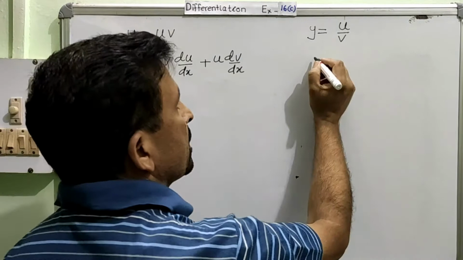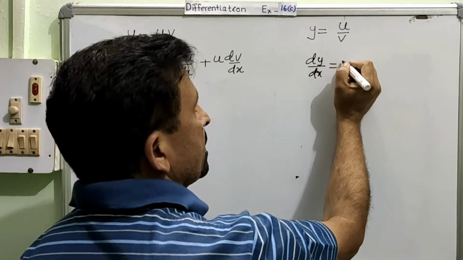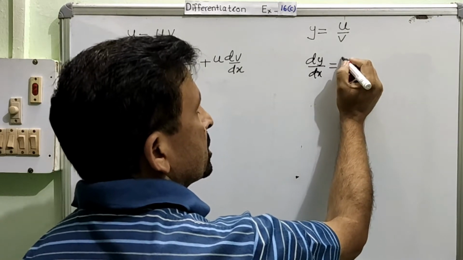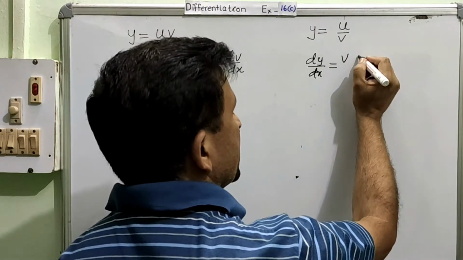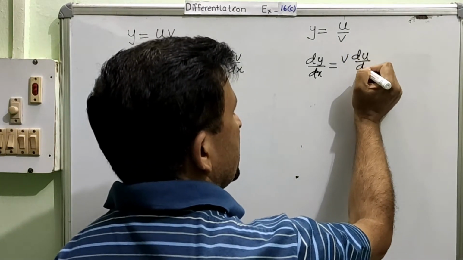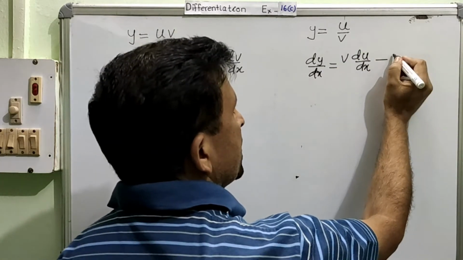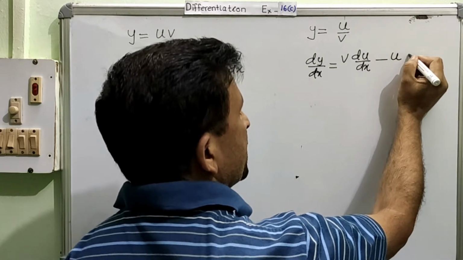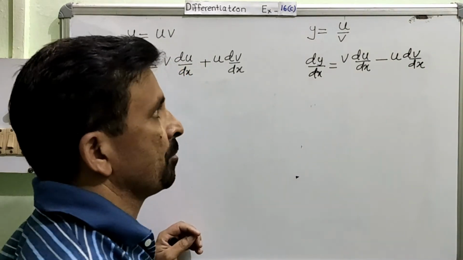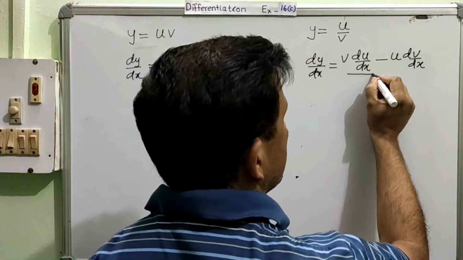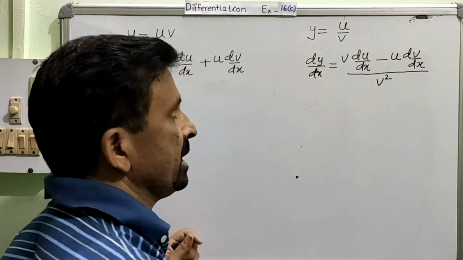The rule is: we keep the denominator silent and differentiate the numerator, du over dx. Now this is the quotient law, so put a minus sign here. Next, keep the numerator silent and differentiate the denominator. Is it alright? And then in the denominator, you have to square the denominator. You have to just square the denominator.